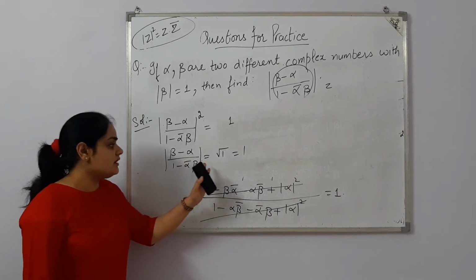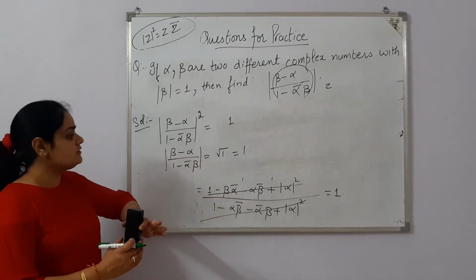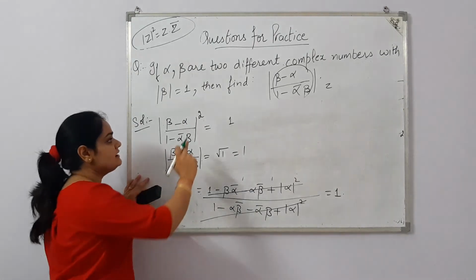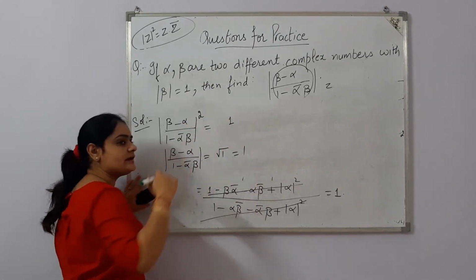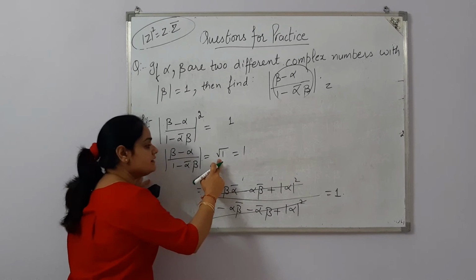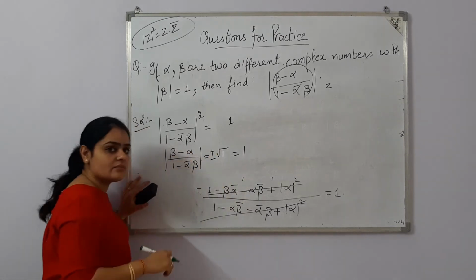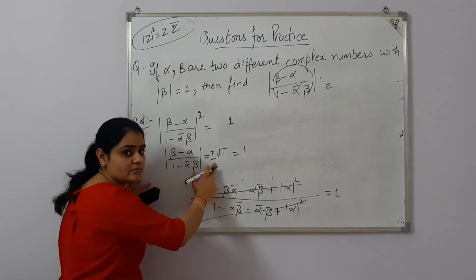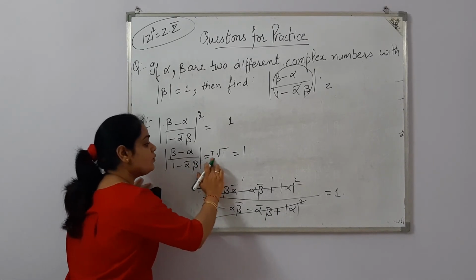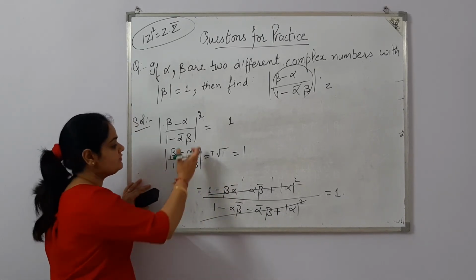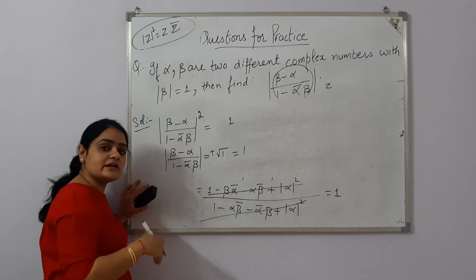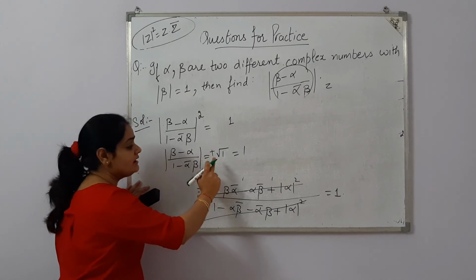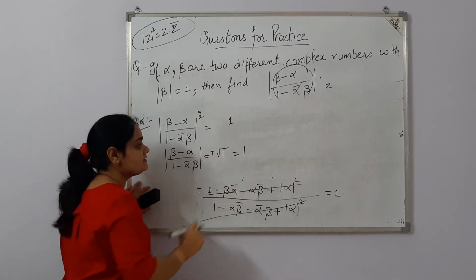If you are watching this video, then I think you already learned in 10th class that whenever the power goes to the right hand side, it goes under the root sign with a plus minus symbol. But we are using only the plus symbol here because this is the value of a modulus. Modulus value cannot be negative, so we are not taking any negative symbol. We are taking the positive of under root 1, which is 1.